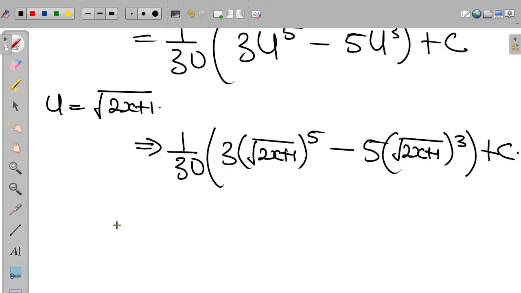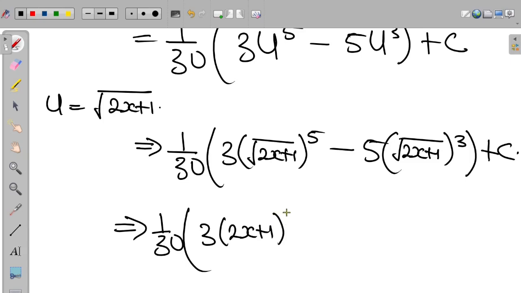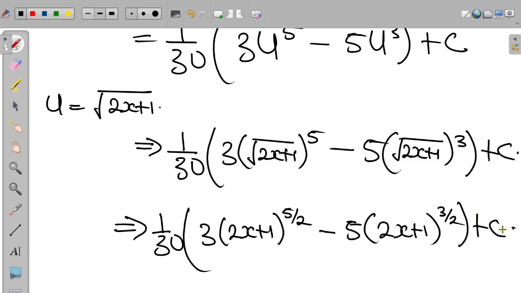So at this point, from the laws of indices, we have that 1 divided by 30, open bracket, this becomes 3 times (2x plus 1) to the power of 5 divided by 2, minus 5 multiplied by (2x plus 1) to the power of 3 divided by 2, plus c.